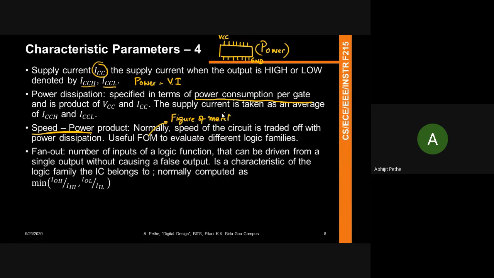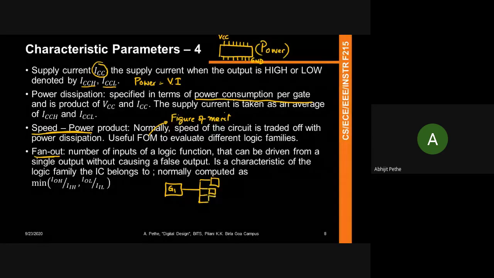And finally, another important thing we care about, which we've looked at before, is fan out, right? And fan out basically means how many gates can I connect the output of my single gate to. So suppose I have gate G1, and G1 has some output. How many gates can I connect this output to without it losing its value? Suppose this was a 1.